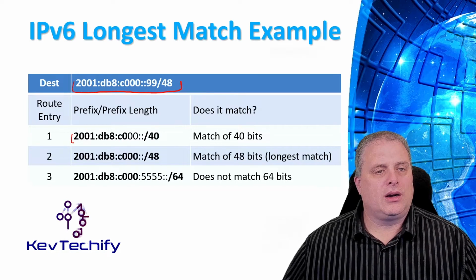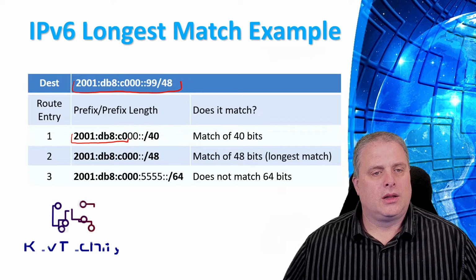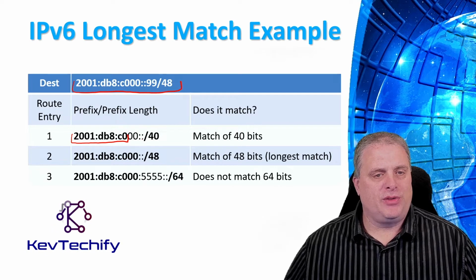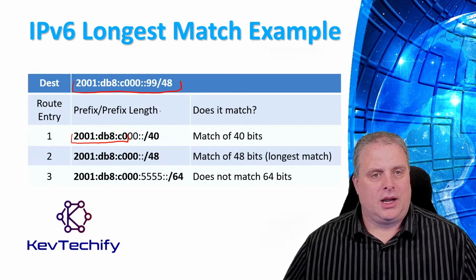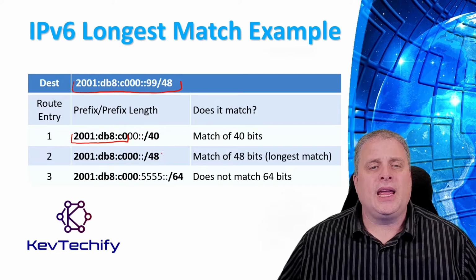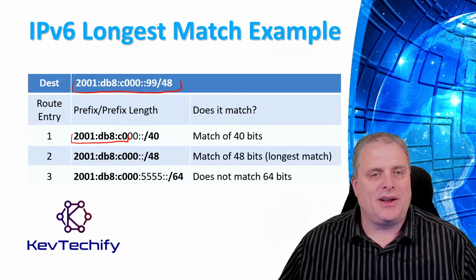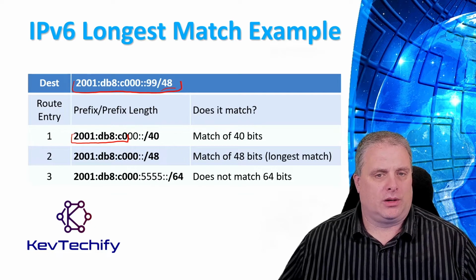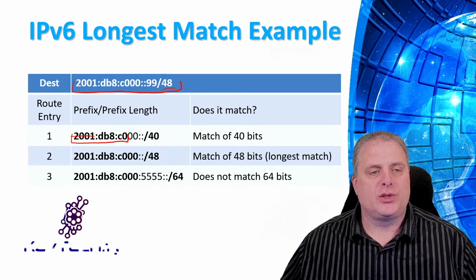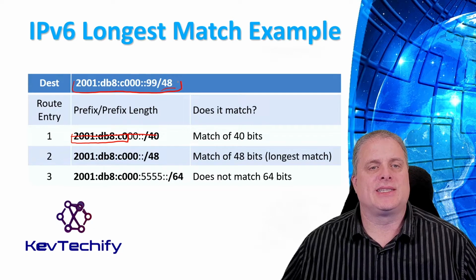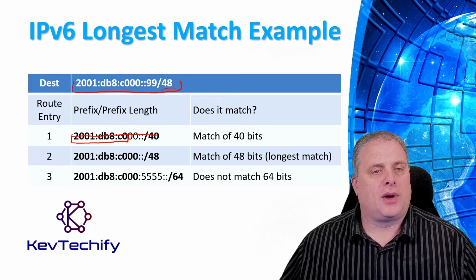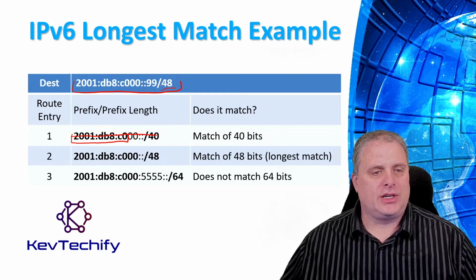This is where this network portion, this prefix, ends. And because only 40 bits match, it's less than the prefix that's stated up here, so we can't use this one. It only has a match of 40 bits. We can't use this because it's less than the prefix from our actual IPv6 address.